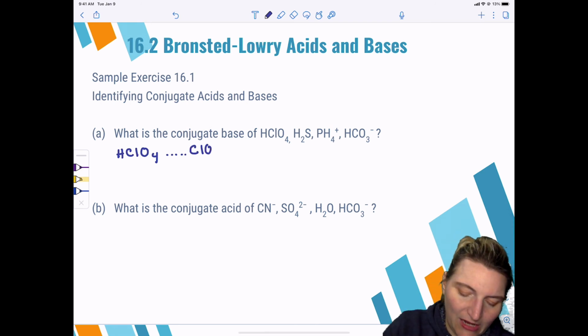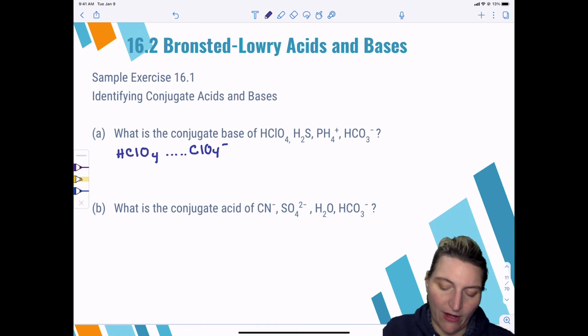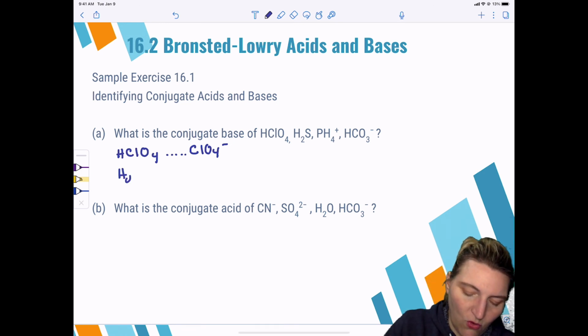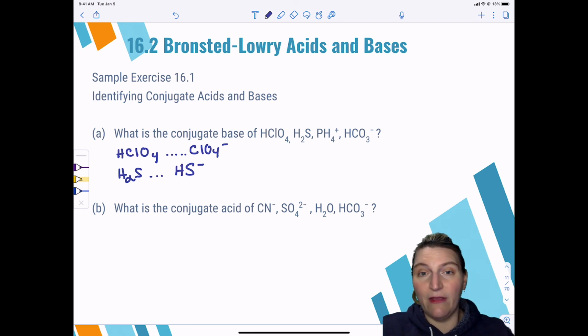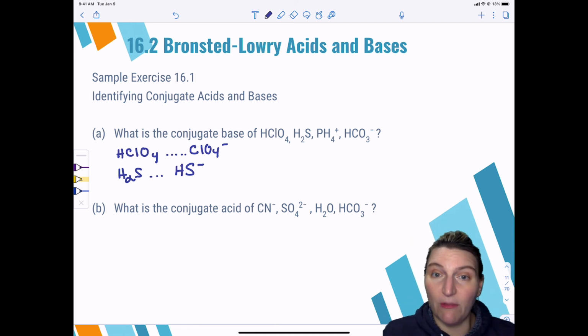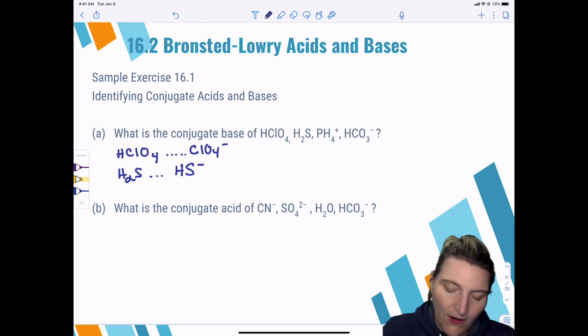So this would be ClO4 minus, the perchlorate ion. H2S would donate a hydrogen, so this would be HS minus. So you also have to keep track of the charges. If it loses a positive, it will become negative.